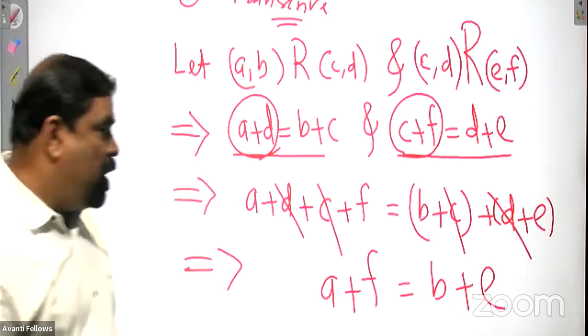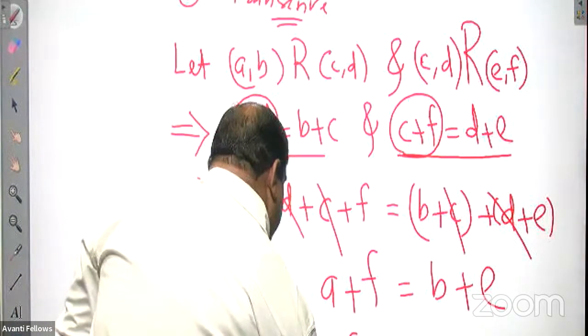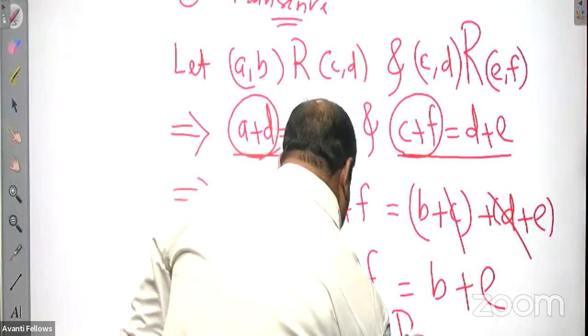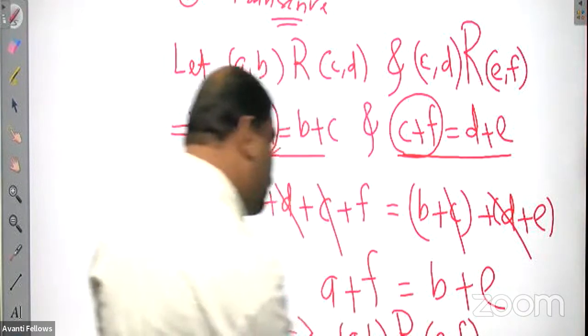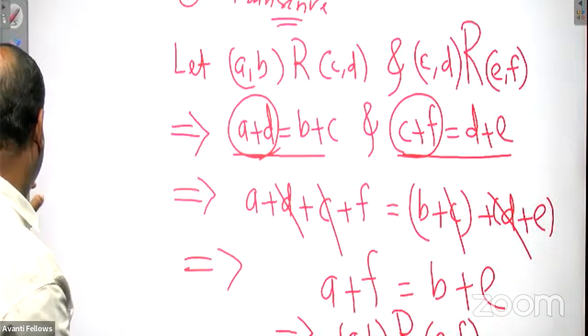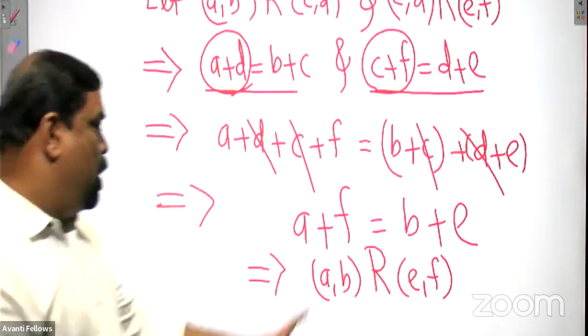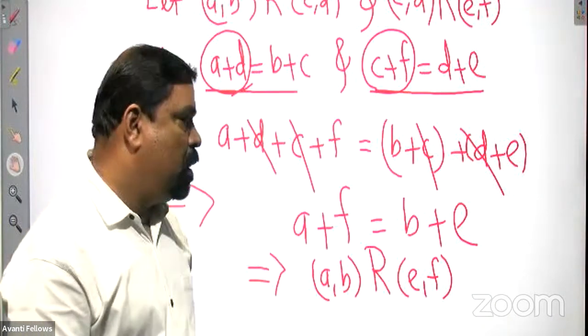Okay. So what it indicates? This is the required condition. This implies that AB is related to EF, because A plus F equal to B plus E. That is the required condition.